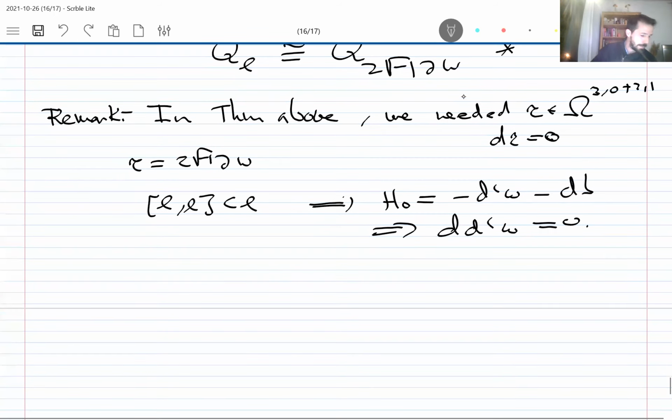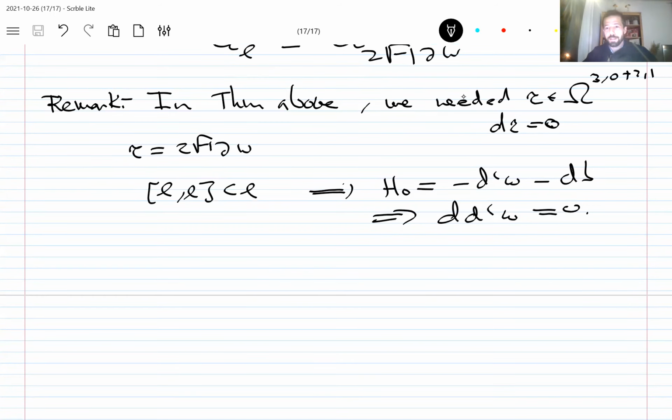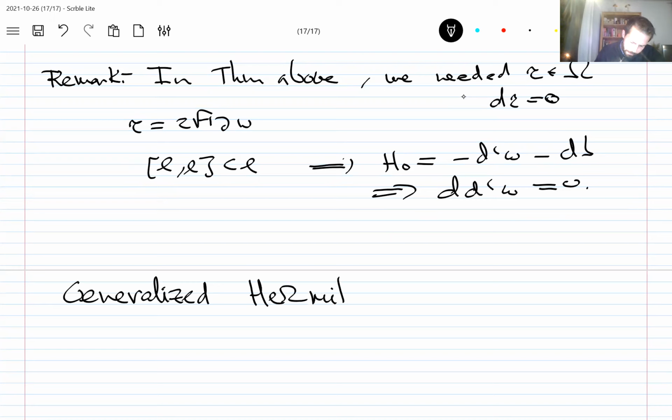In any case, we have had this crash course on holomorphic Courant algebroids, and now I go for the main thing I'm interested in, which is the study of generalized Hermitian metrics. So what are these things?